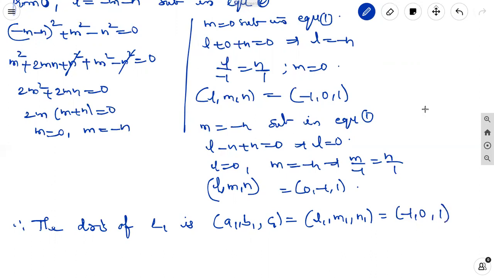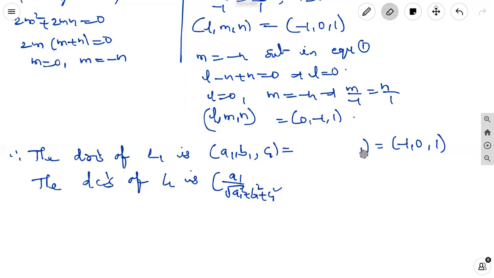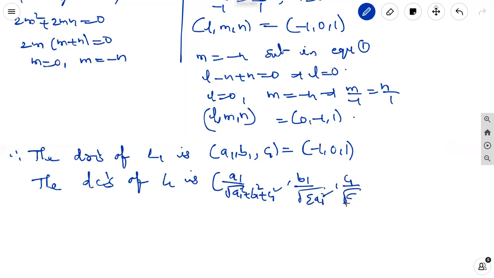Now we find the direction cosines of line 1, which are a1 by under root of sigma a1 square, b1 by under root of sigma a1 square, c1 by under root of sigma a1 square. We denote these as minus 1, 0, 1 to avoid confusion between l1, m1, n1 and a1, b1, c1. This equals minus 1 by under root of (minus 1 whole square is 1, plus 0 plus 1), that is 0 by root 2, 1 by root 2.